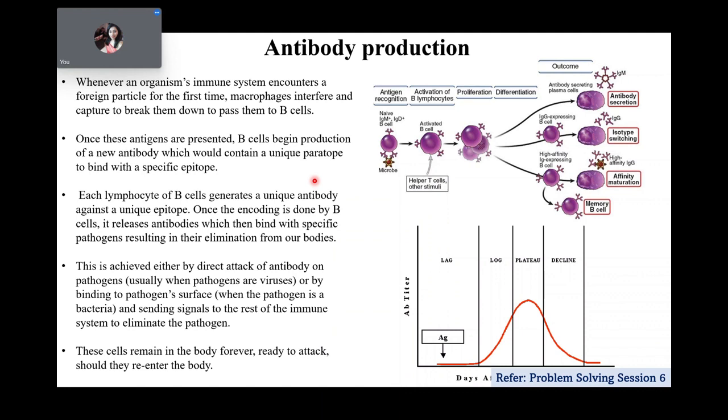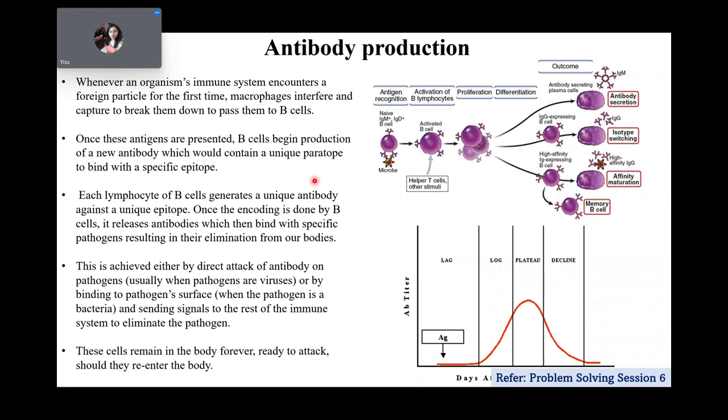Now each B lymphocyte will generate a unique antibody against a unique epitope. That is why it is important to know that not every B cell will bind to the same epitopic region. Different B cells will bind to different epitopic regions, and that will generate specific antibodies. So you have this one antigen being bound by different antibodies at different sites.